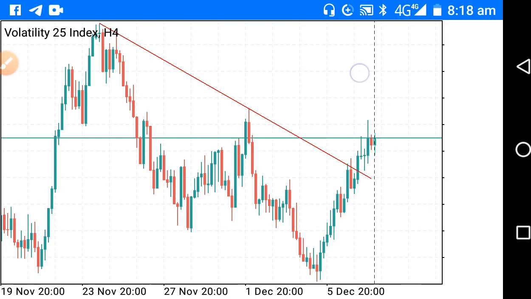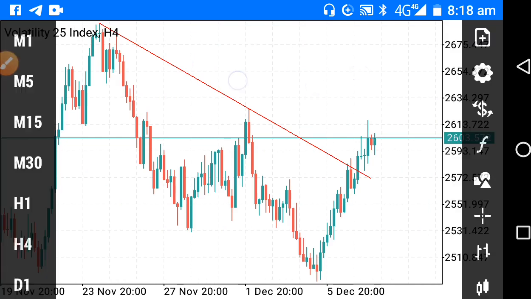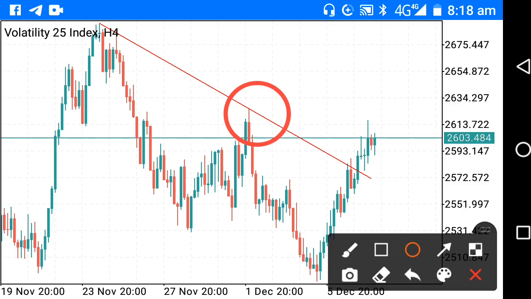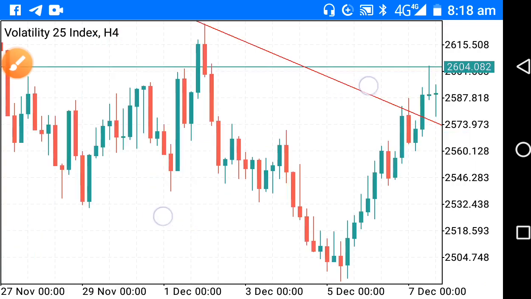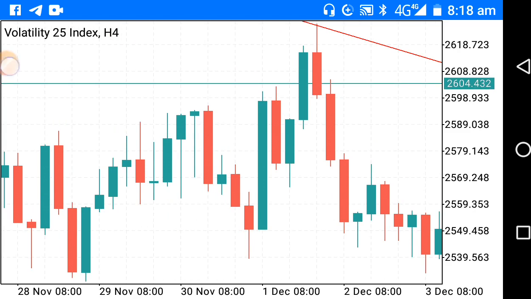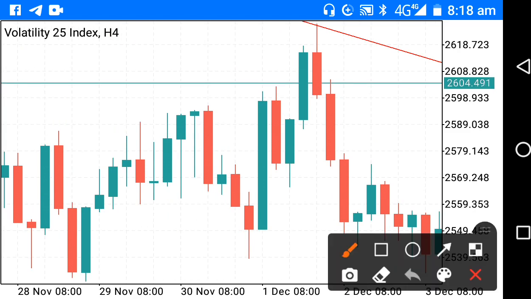This region is where price touched the trend line for the third time. So I'm going to look at the candlestick that touched the trend line. And if I zoom this in, and I ask you now, what is the name of this candlestick that touched the trend line?